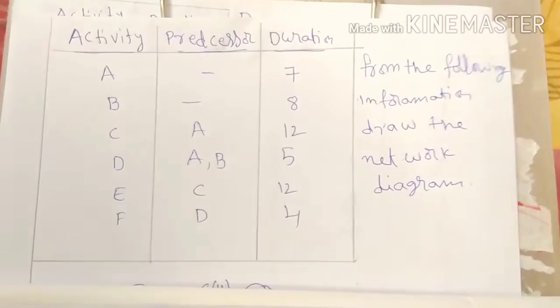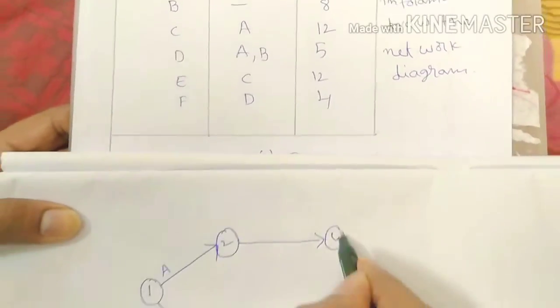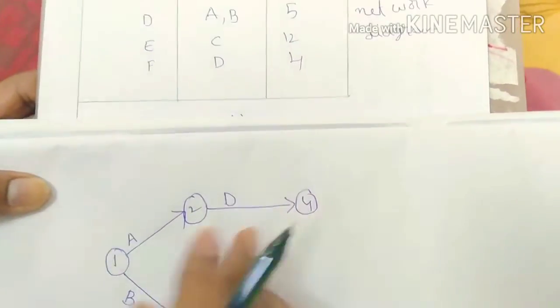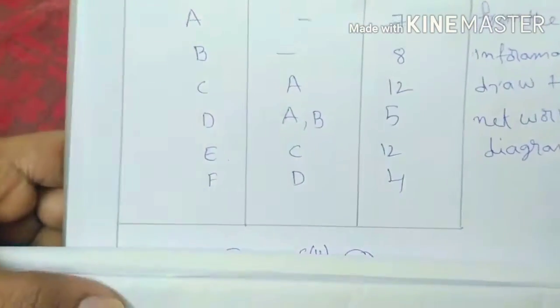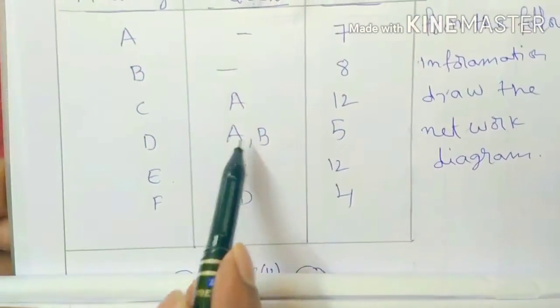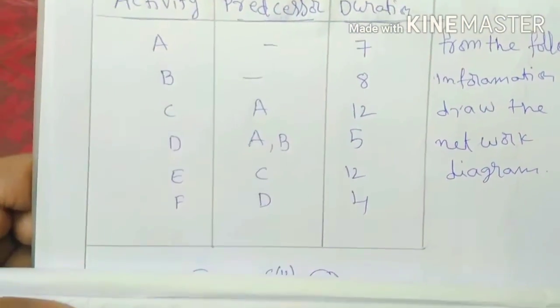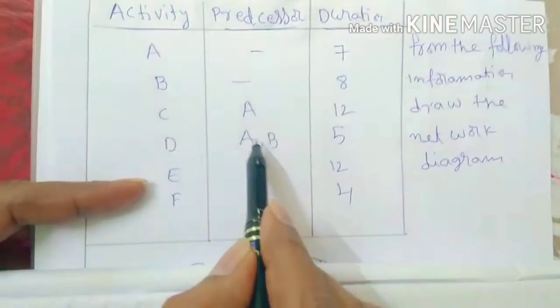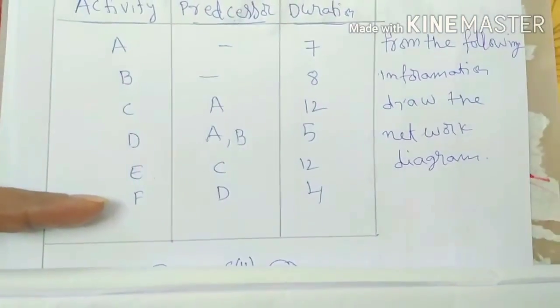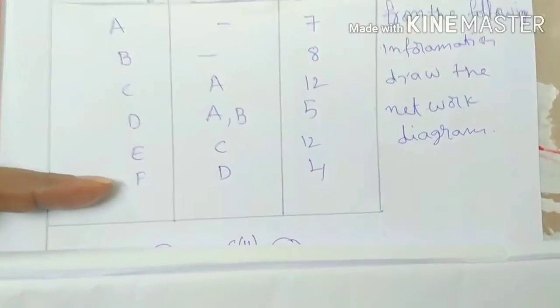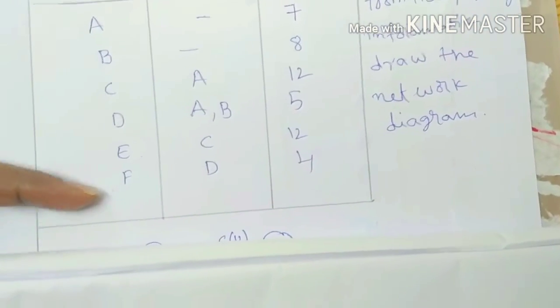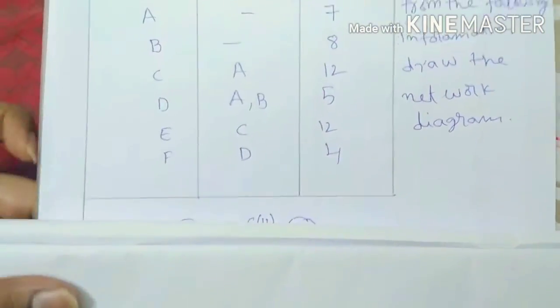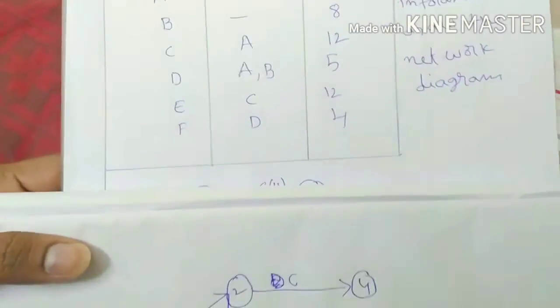This is named as 4, activity D. This is the activity D. Before D what should be there? A, B. Now this is the C. D activity we need to construct. Before that A and B should be there. How is it possible? It is very difficult to construct. In such cases we can use the dummy activity, right?